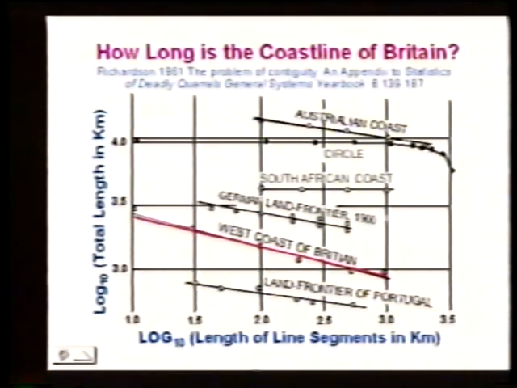And this is a plot of that. So this is a plot of the logarithm of the length of the coastlines measured against the logarithm of the resolution. And he did the resolution actually in two different ways in this article.